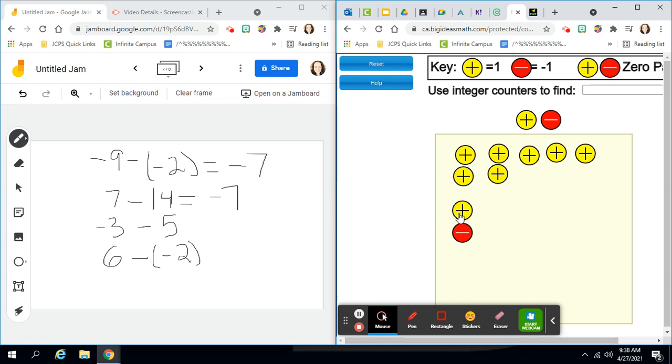These cancel out. Remember, these are worth nothing. I can add as many of these 0 pairs as I want, and I'm still starting out with my positive 7, right? We've got the positive 7. These technically aren't worth anything. Now, the good thing is that when I'm adding these 0 pairs, I'm also adding positives, right? So I can keep doing this until I have enough positives to take away 14.